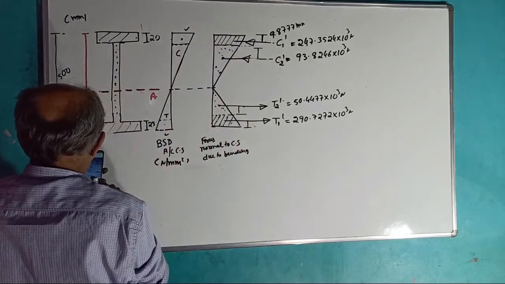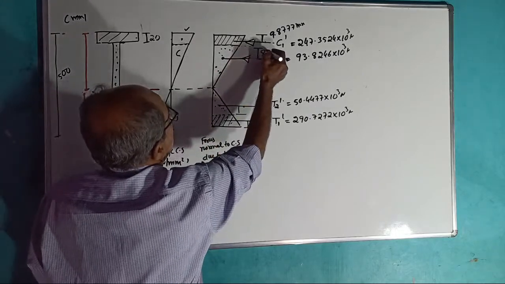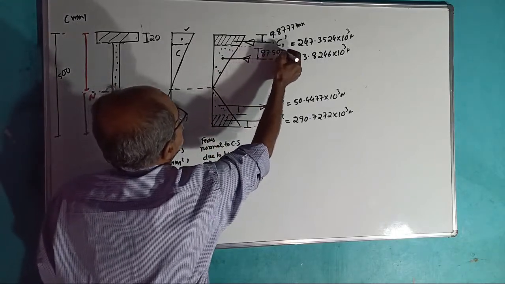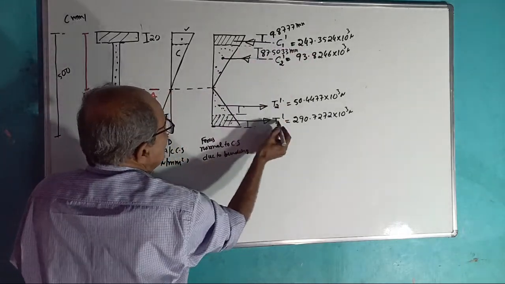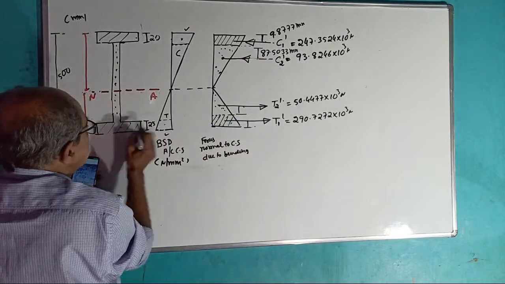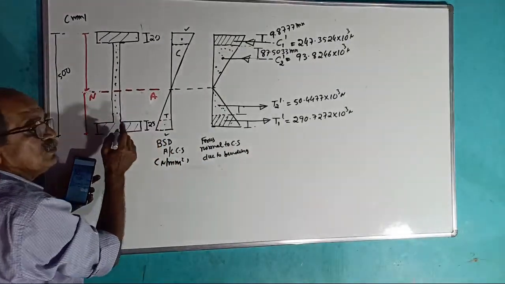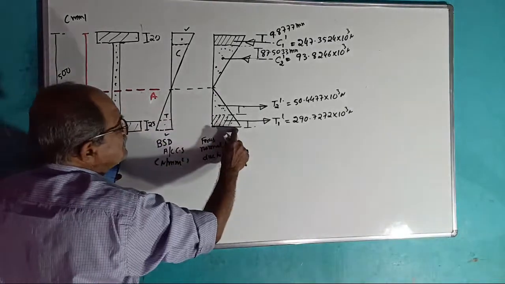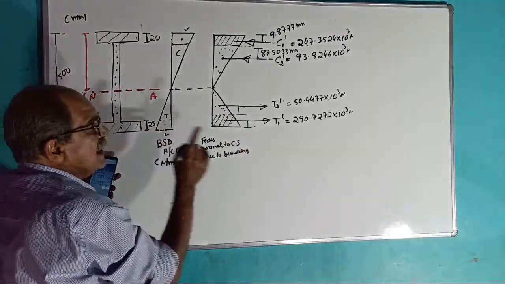That is 87.5033 millimeter. Okay, then T1 dash is through the CG of this trapezium. The depth is 25. The center will be at 12.5. Because more stress is there, the CG will slightly shift down. It will come less than 12.5.